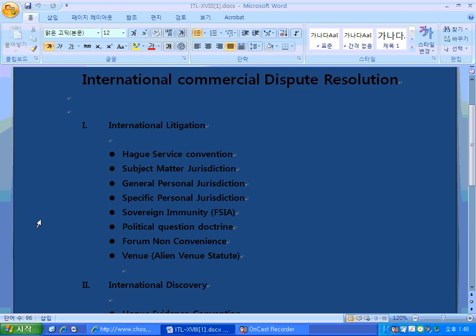What is the official title of that convention? It is the Convention on the Service Abroad of Judicial and Extrajudicial Documents in Civil or Commercial Matters. And for the discovery issue, the Hague Evidence Convention.